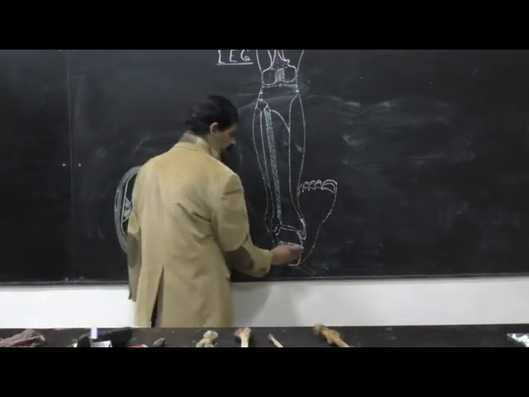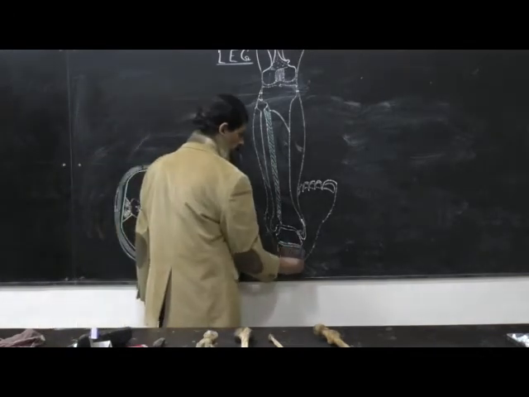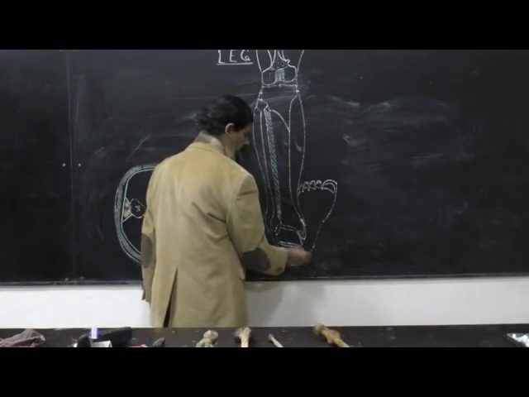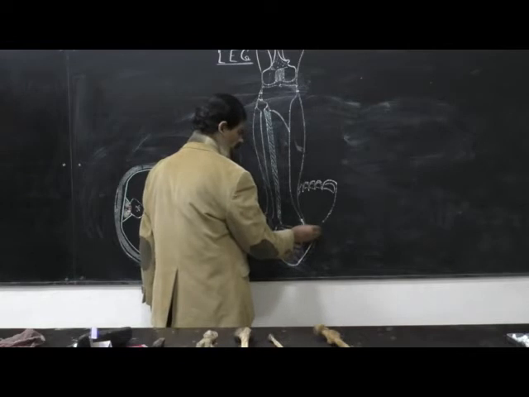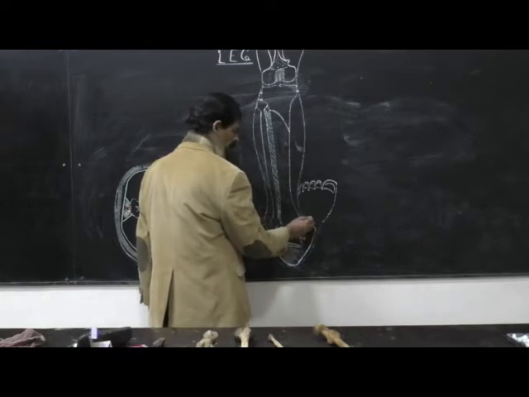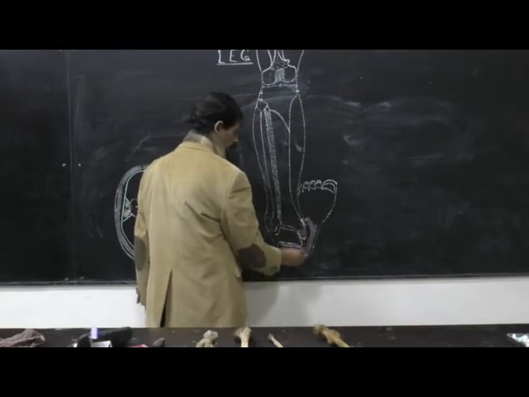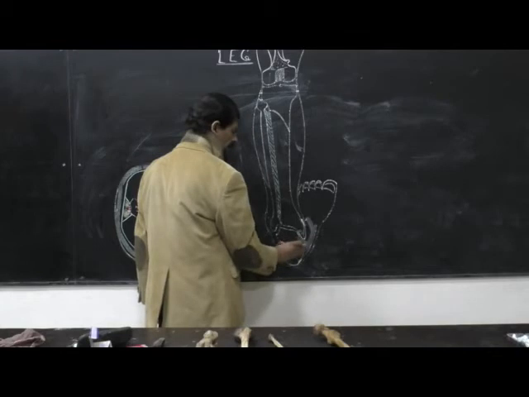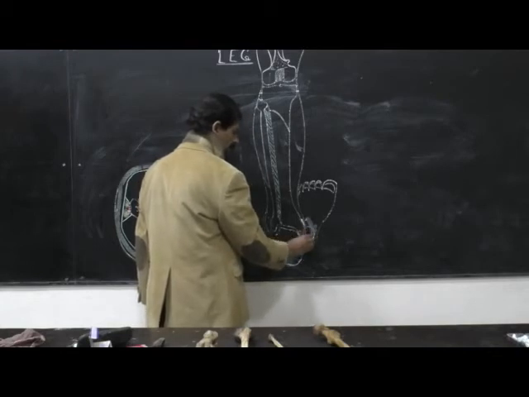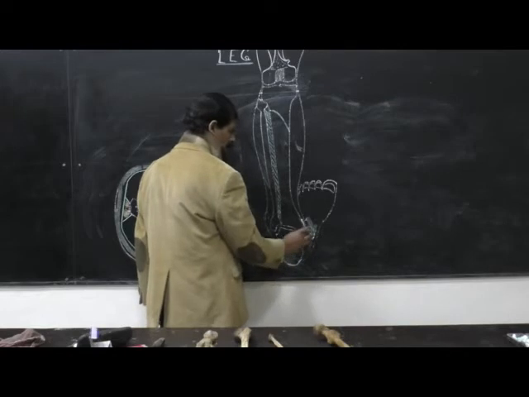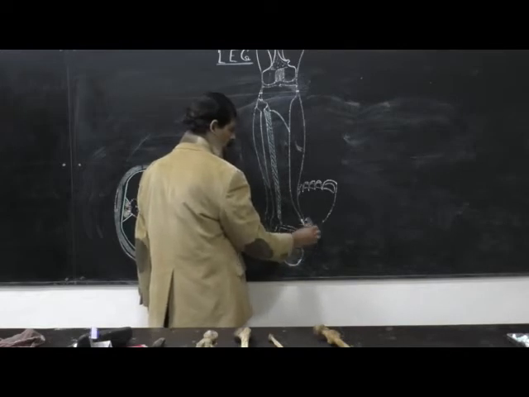Then this calcaneum bone, forming the lateral border of the longitudinal arch of the foot, goes anteriorly, and its anterior part goes laterally, while the head of the talus goes anteriorly from the body into the medial longitudinal arch of the foot.